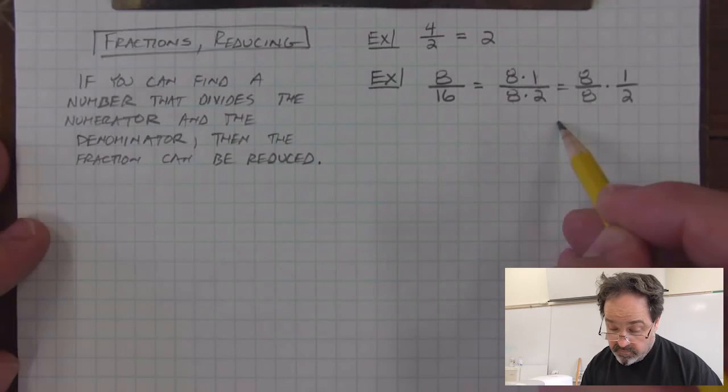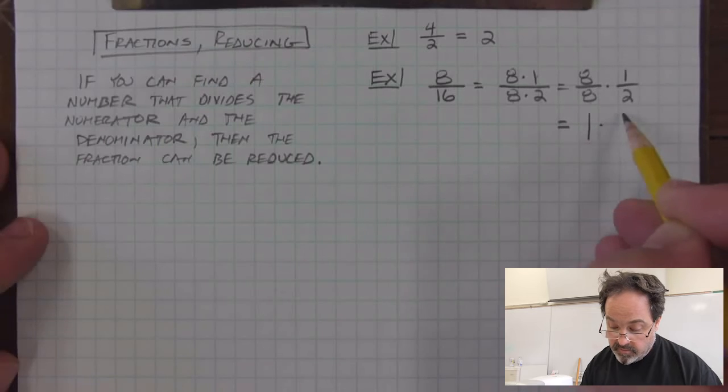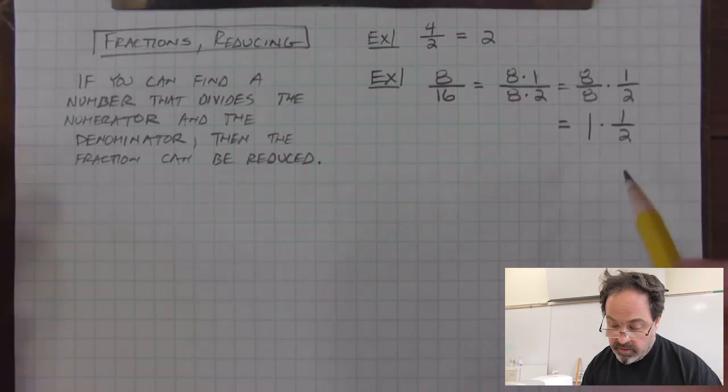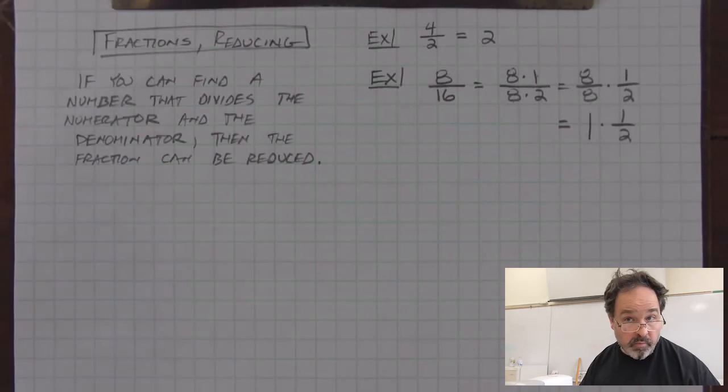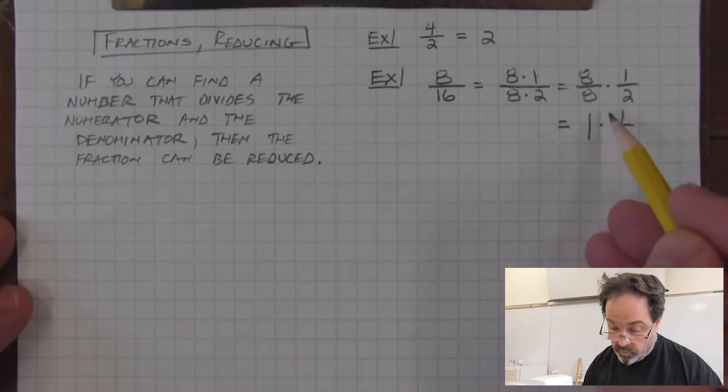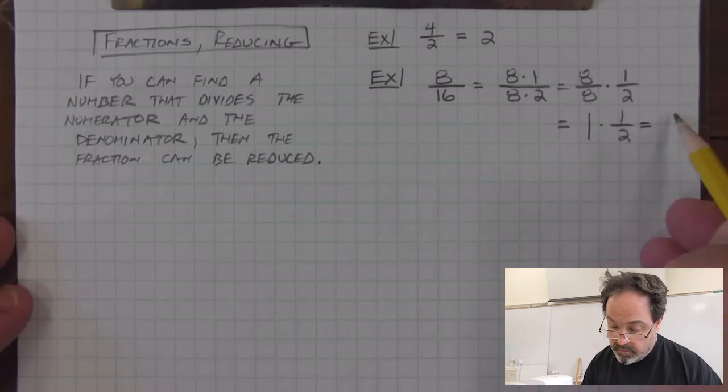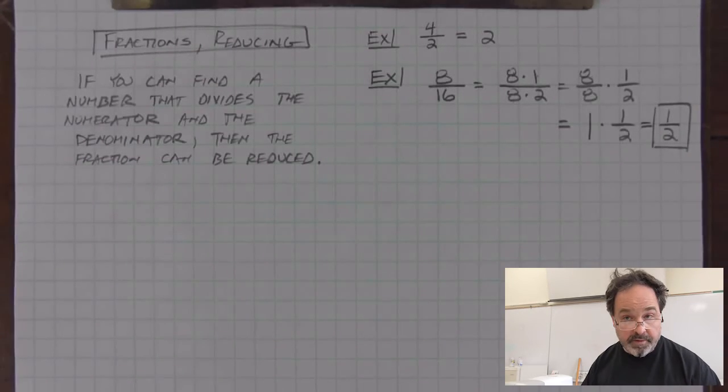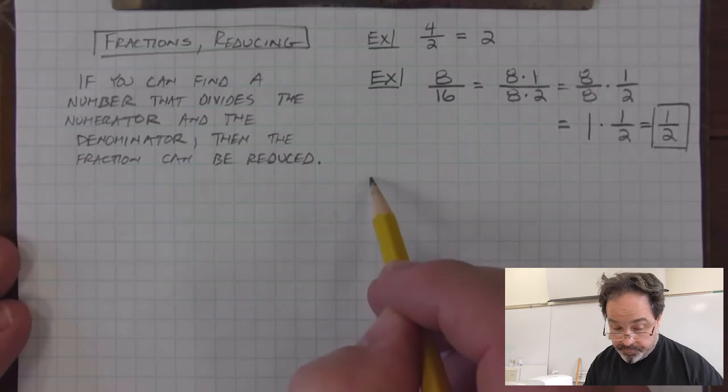So in this case, this is the same thing as 1 times 1/2. And anytime we multiply by 1, we can ignore it because multiplying by 1 doesn't change the value of the thing we're multiplying. In other words, I can ignore this multiplying by 1 and simply get the answer in the end of 1/2. Now this process can be sped up.